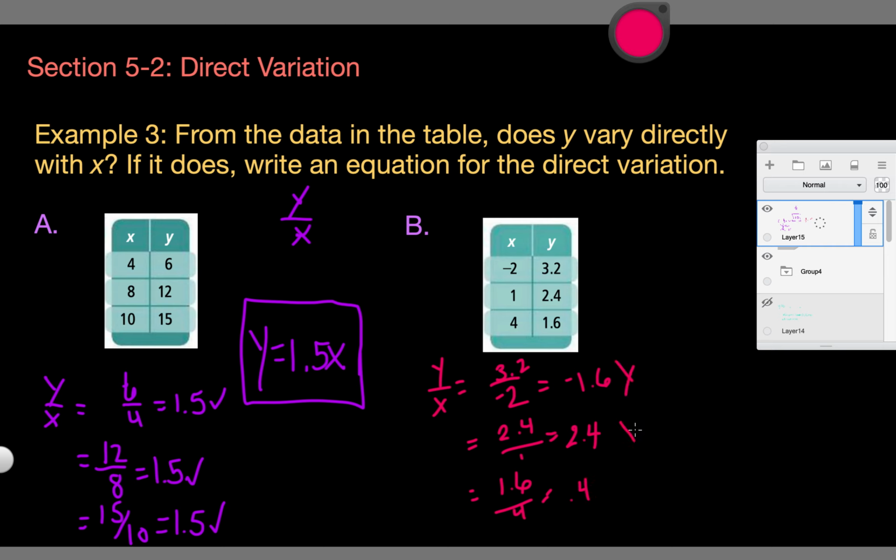As you can tell, none of these are the same. So we can say that y does not vary directly with x. So we can't write an equation like we did over here because we don't have the same constant of variation.